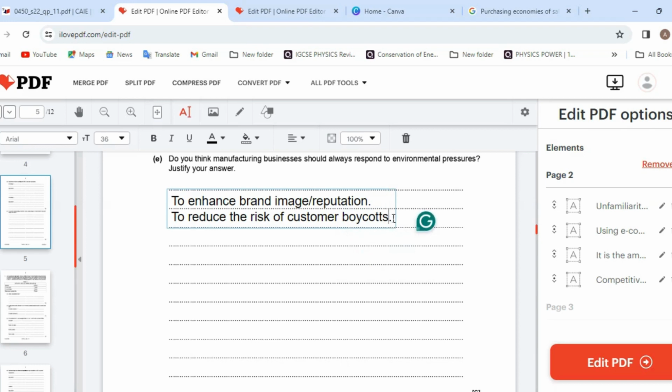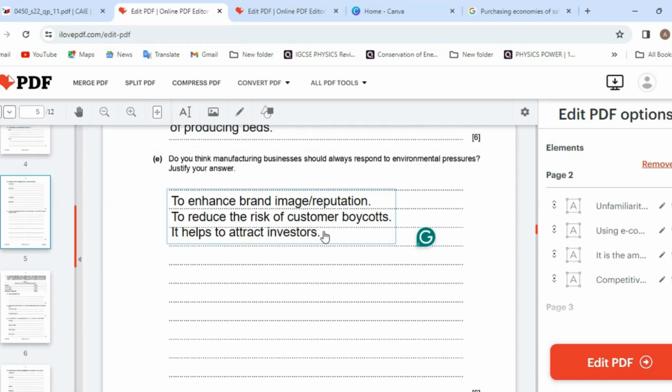It can also help to attract investment. It helps to attract investors when they are responding to environmental failure. Now that we have seen this, how do you think this can also be a disadvantage to them?